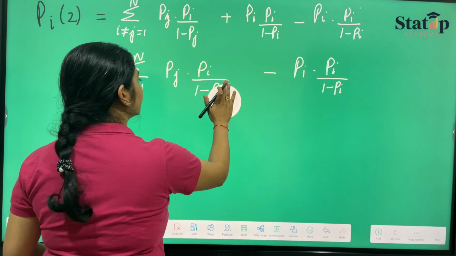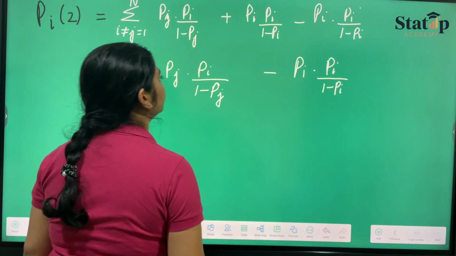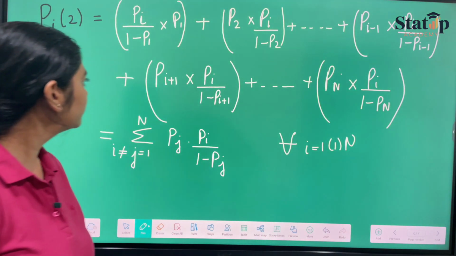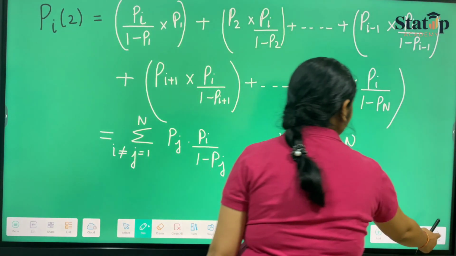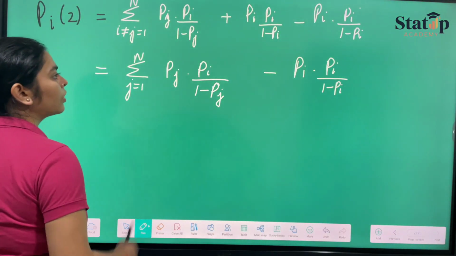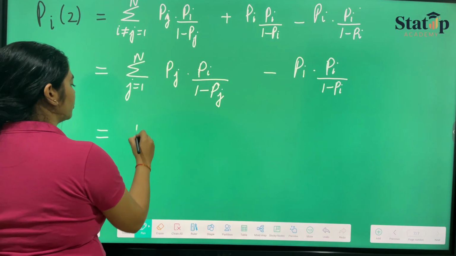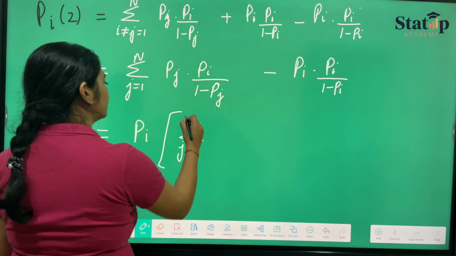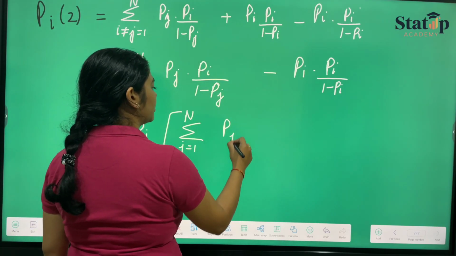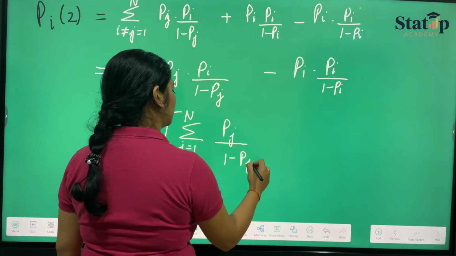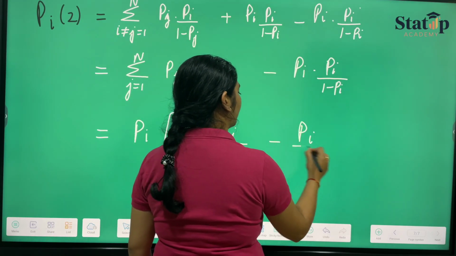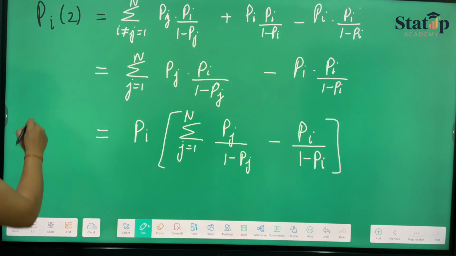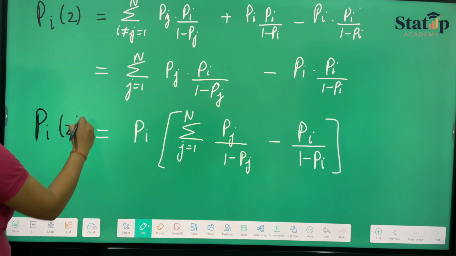We can take pi common, so we are left with pi times summation j goes from 1 to n of pj upon 1 minus pj, minus pi upon 1 minus pi. So this will be our probability that the ith unit is selected in the second row.